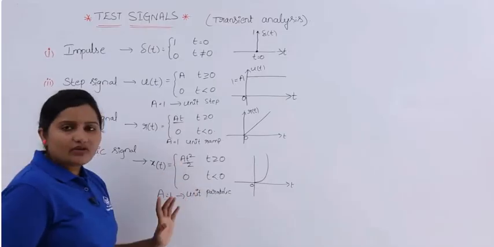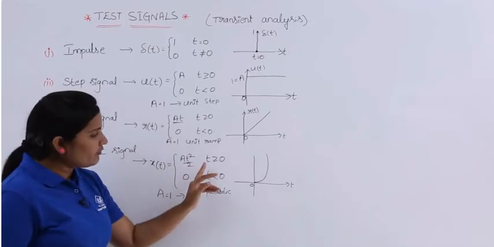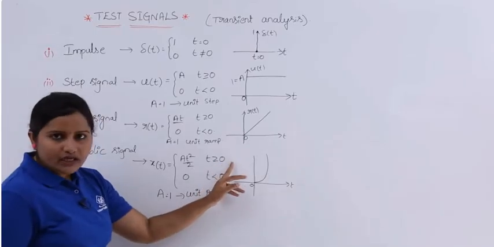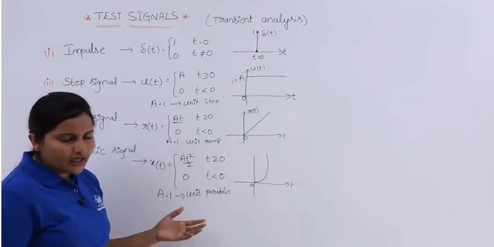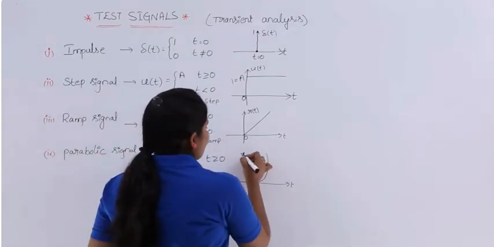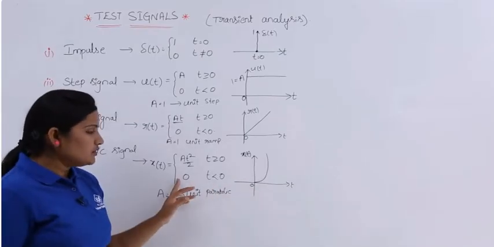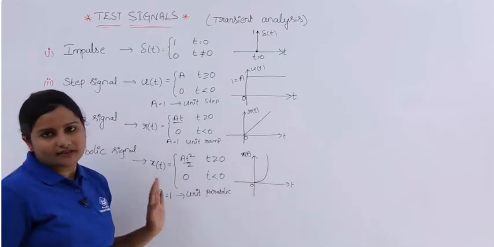So if a is equal to 1, the definition is t square by 2 when t is greater than or equal to 0. Generally you will consider the unit parabola, so this is the unit parabolic signal x of t. Below 0 you will get 0. You are not having anything.